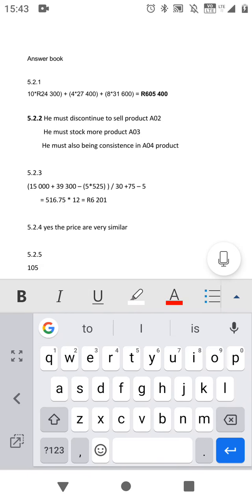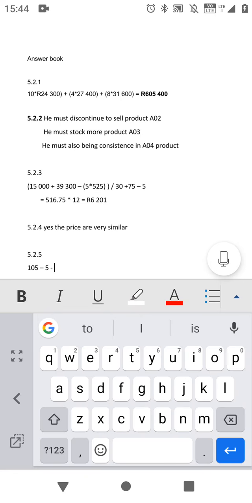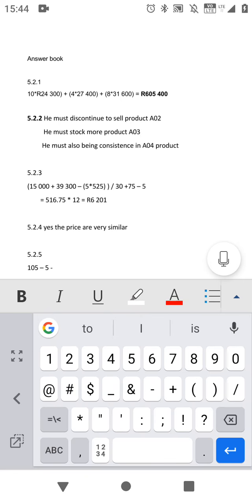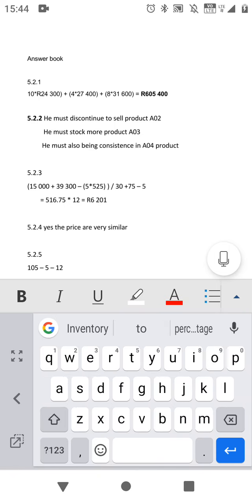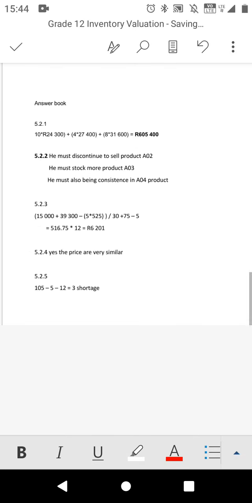After that we subtract the return of 5, then we subtract the closing of 12. Remember, the closing we calculated previously was 12. If you punch it on the calculator, you will find that there is a shortage of 3. There is a shortage of 3, which means that some of the helmets were stolen.